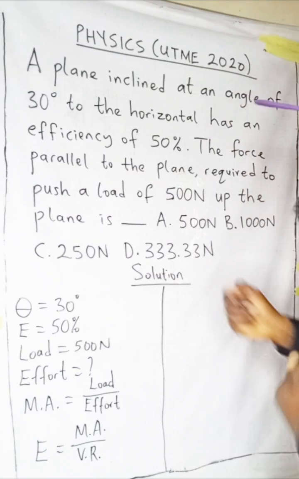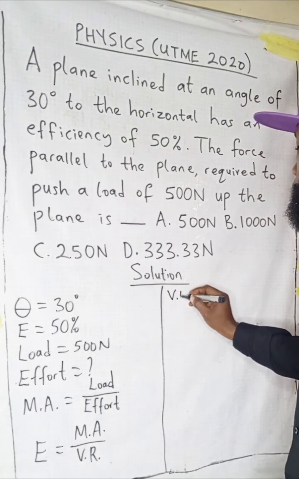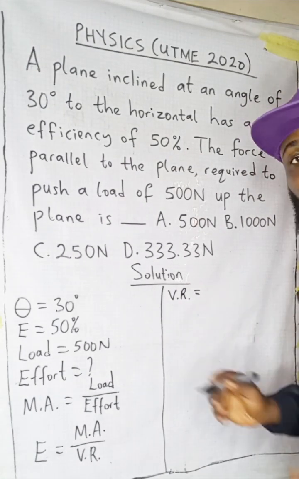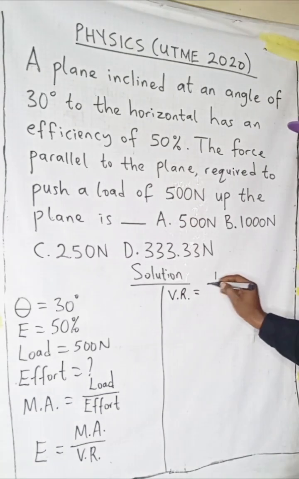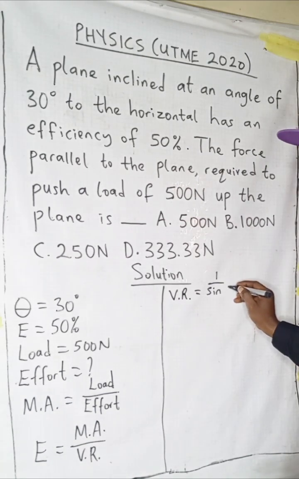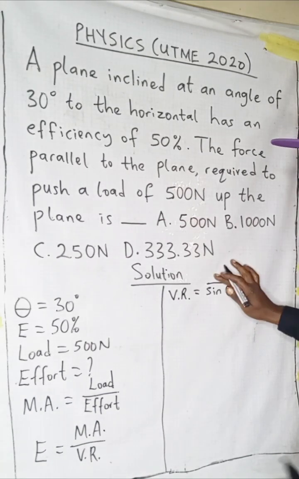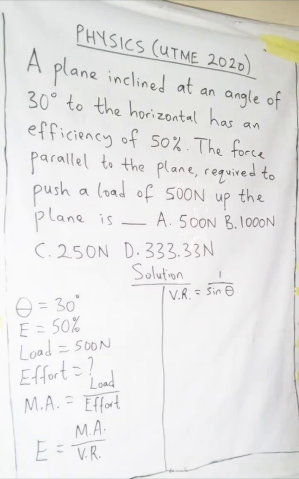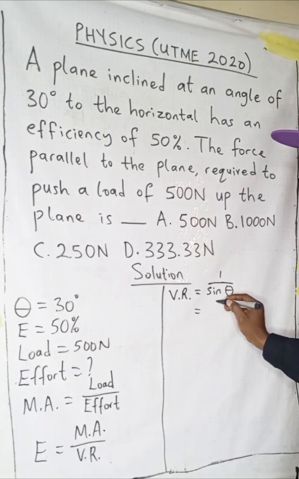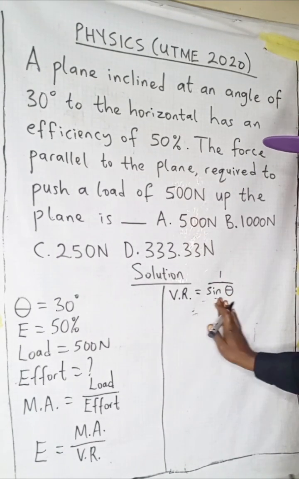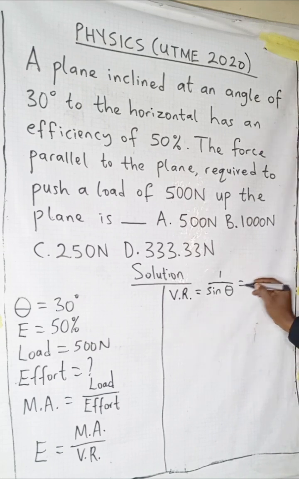Very simple. Now VR, the velocity ratio, is equal to 1 over the sine of the angle of inclination to the horizontal. That will be 1 over sine 30.